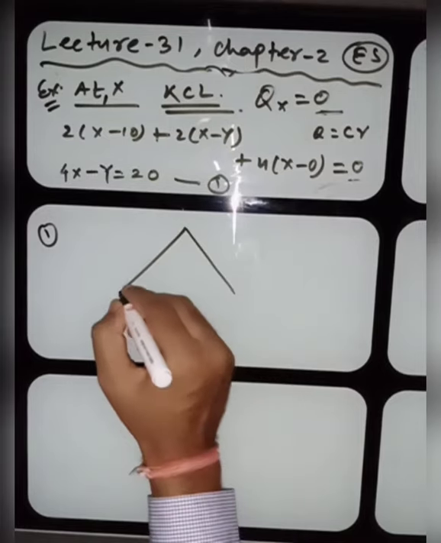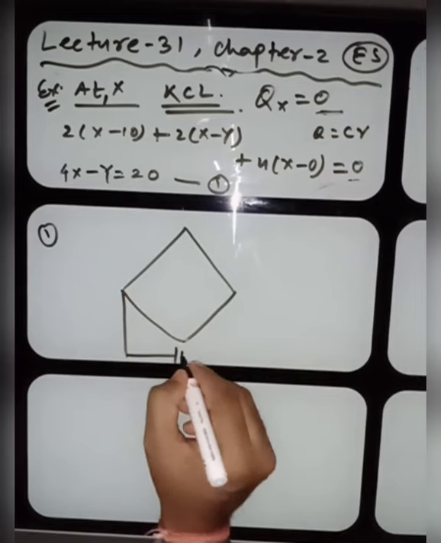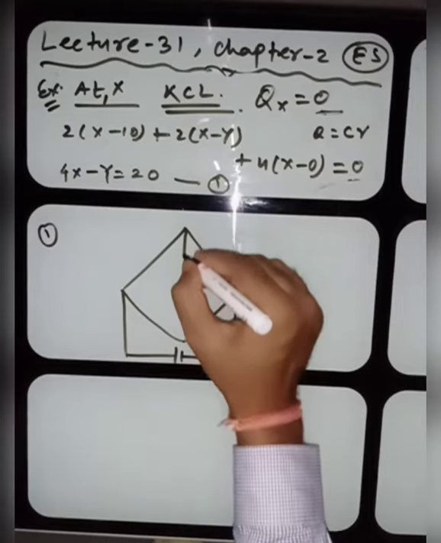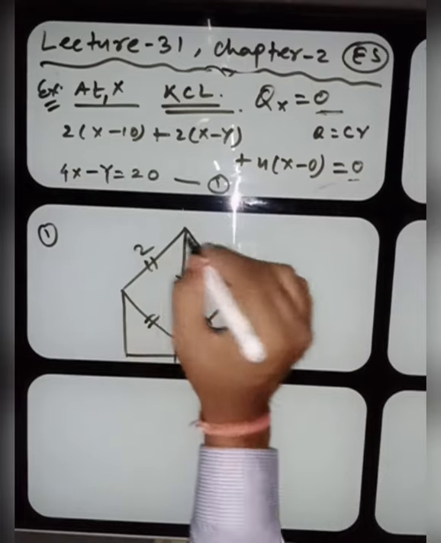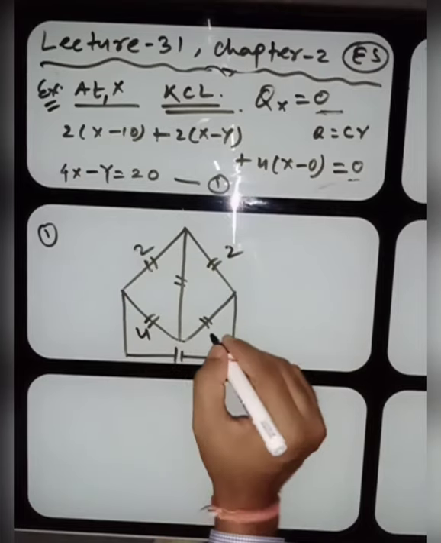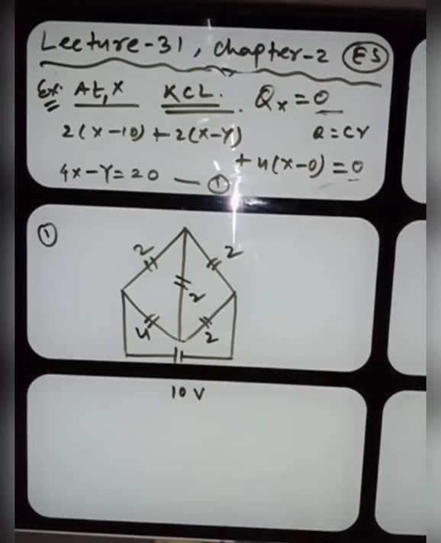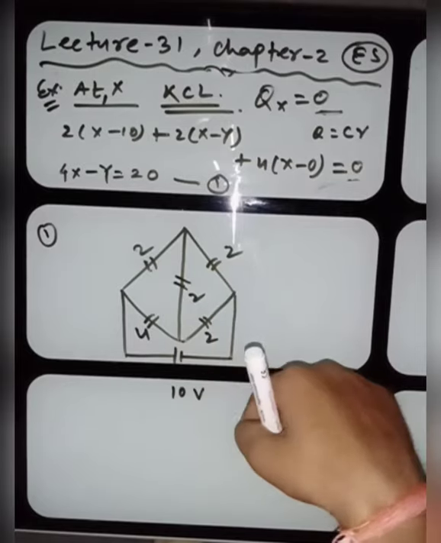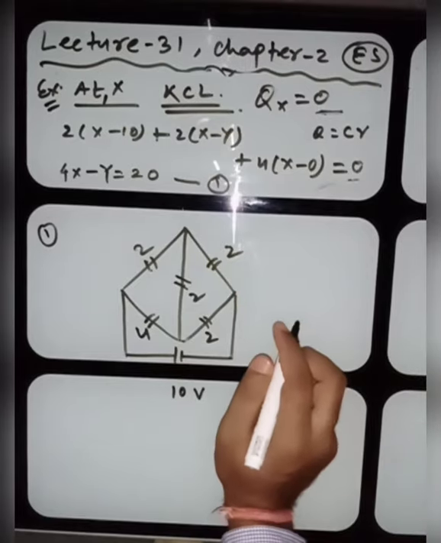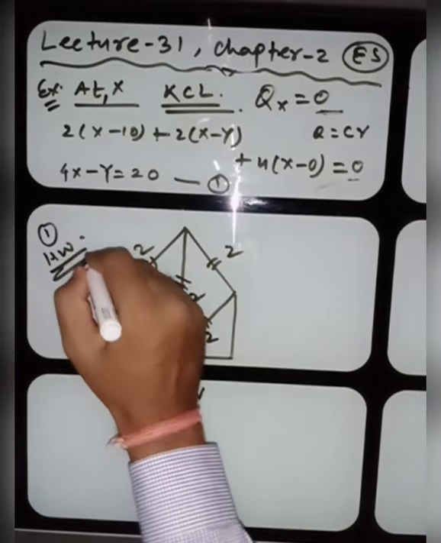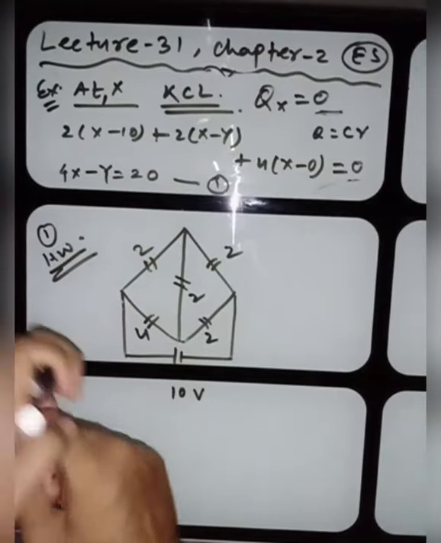The simple question I'm giving you: capacitors of 2, 4, 2, 2, and the 10 volt. You have to find the equivalent capacitance of this network, and the charge and potential across each capacitor. This is your homework. This one is the first one.